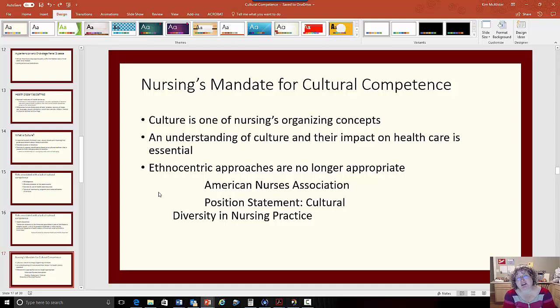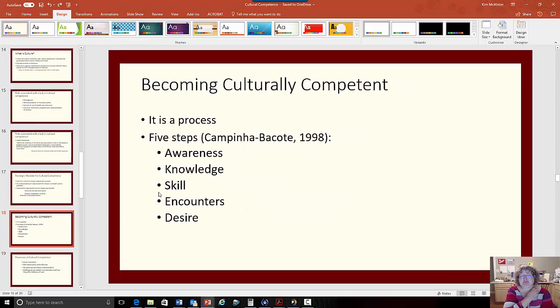And just because someone belongs to a particular ethnicity or race or other type of category, that doesn't mean that they always ascribe to every part of that particular culture. So it's important to ask patients what their particular practices are so that we don't make assumptions about what they want.